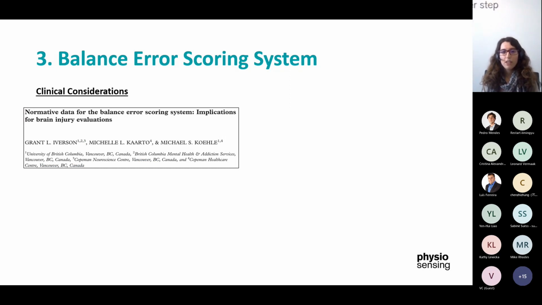Even though there is no normative data for this enhanced version using platforms, there are several studies aimed to provide normative information using the traditional balance error scoring system. For example, here you can see this article where Grant et al. administered this score in almost 600 healthy community-dwelling adults, so as to facilitate interpretation of the score performance in patients with traumatic brain injuries or other neurological conditions.